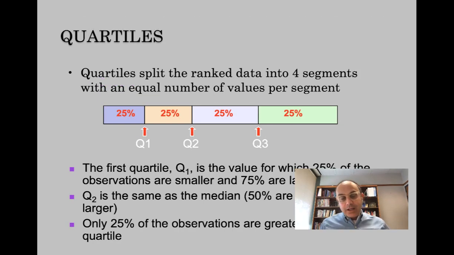Another way for us to describe a data set is to use quartiles. Usually the quartiles divide the data set into 4 segments, and each segment equals 25%. So we have quartile 1, quartile 2, and quartile 3, and each one of them represents a value.